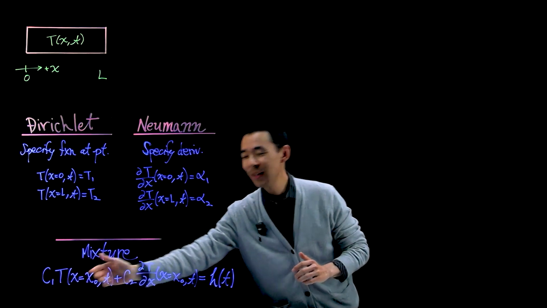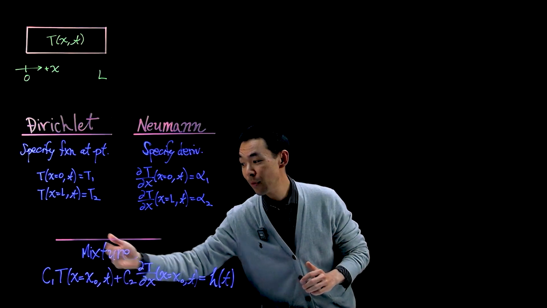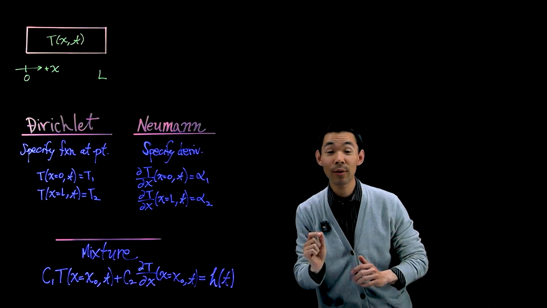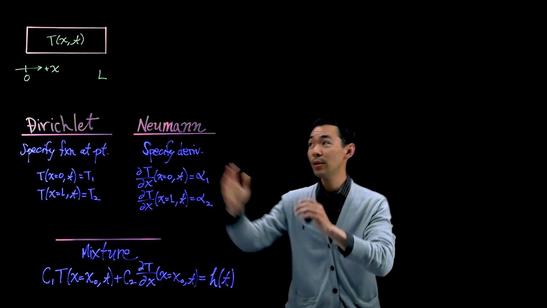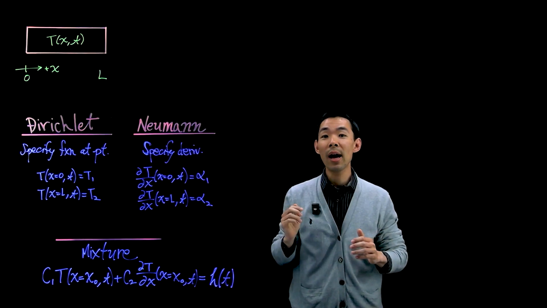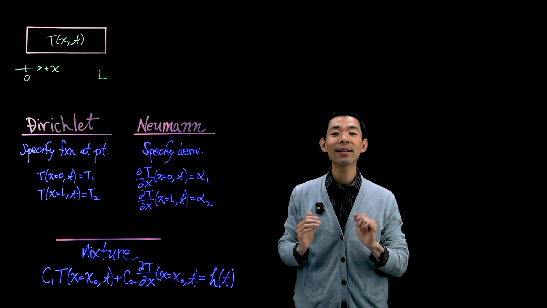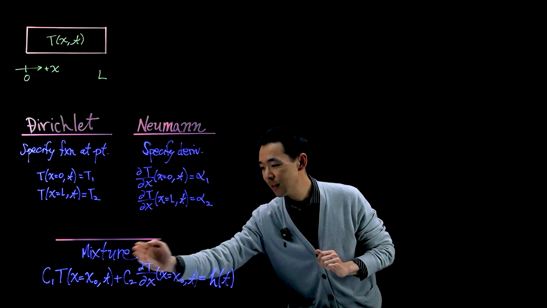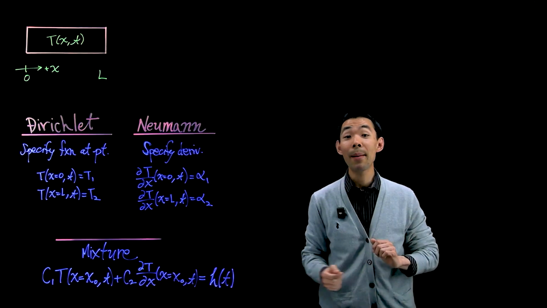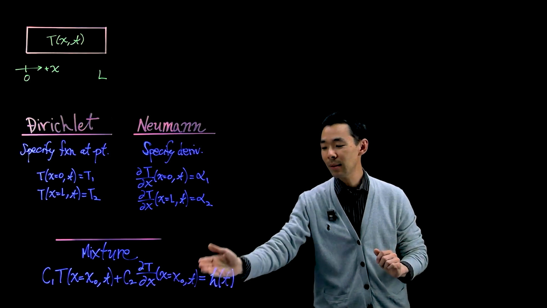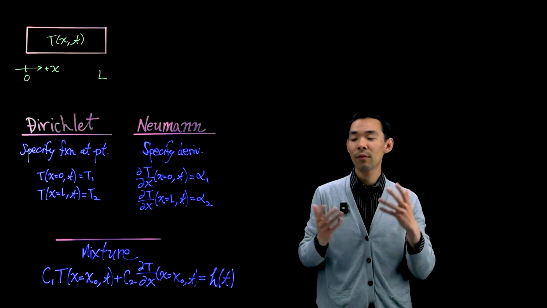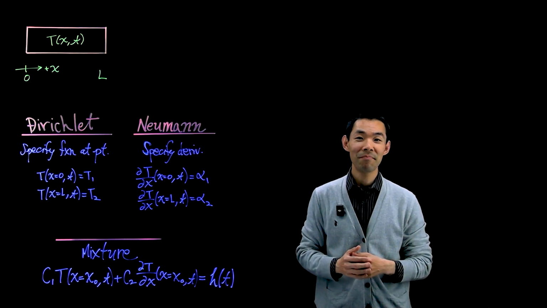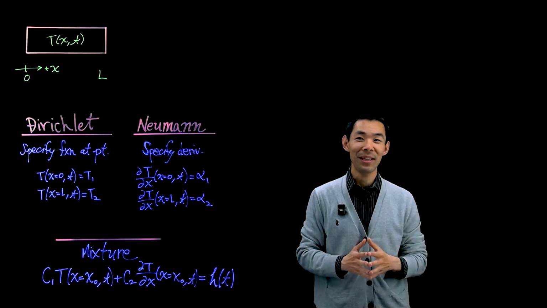So we have some constant C1 times the temperature value at x equal to x naught. It could be at x equal to 0, or it could be x equal to L at some boundary, x naught, plus C2 of the derivative at that same boundary. That could be equal to some constant or some function of t. It could be a constant or a function of t.